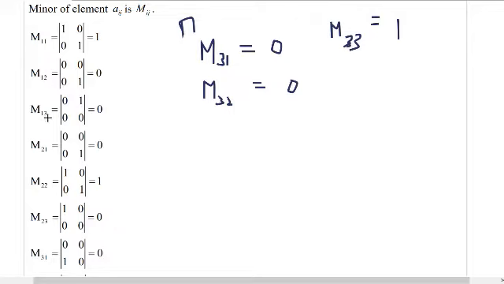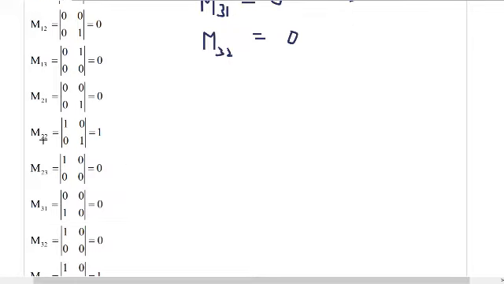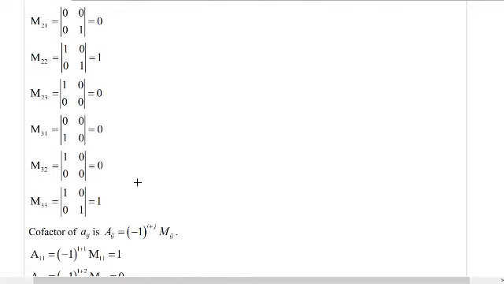Now 1 plus 3 is 4, even, again no change in sign. 2 plus 1 is 3, odd, change in sign, but again the cofactor will be 0 only. 2 plus 2 is 4, even, no change in sign. 2 plus 3 is 5, odd, change in sign, but again it will not affect the value since it is 0.